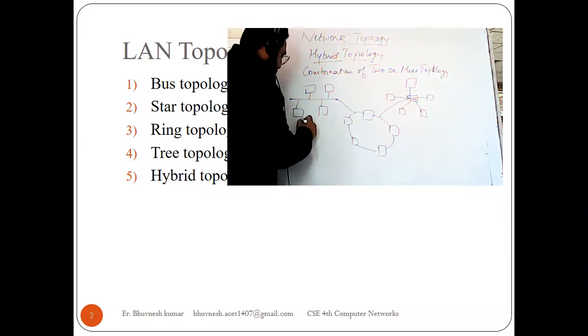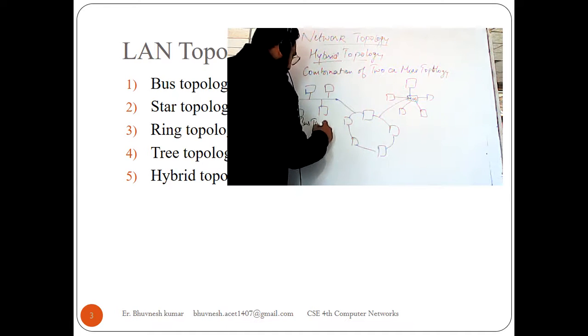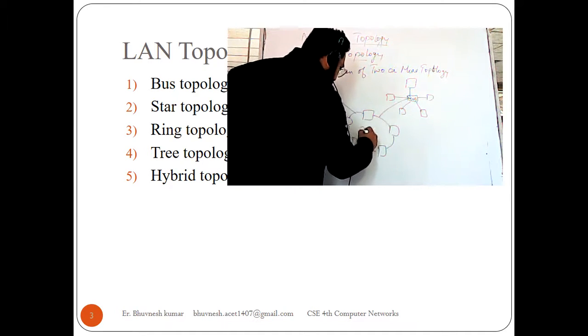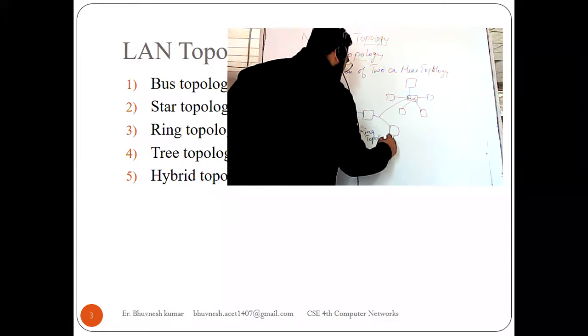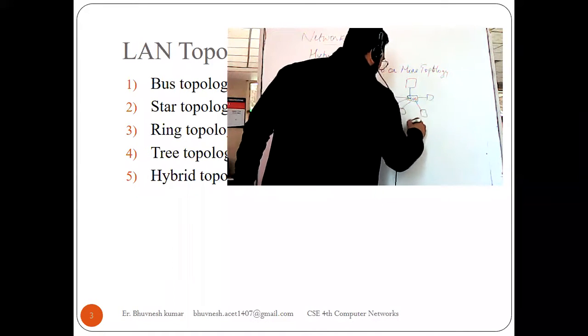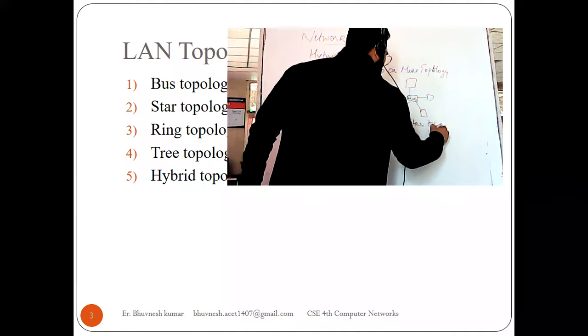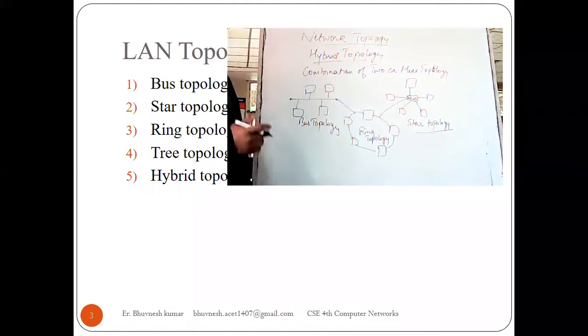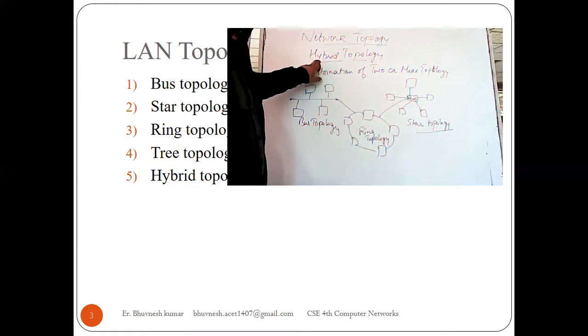This is your bus topology. This is your ring topology. And this is your star topology. So a combination is there. When a combination is made and different topologies are connected with each other, then it is a hybrid topology.